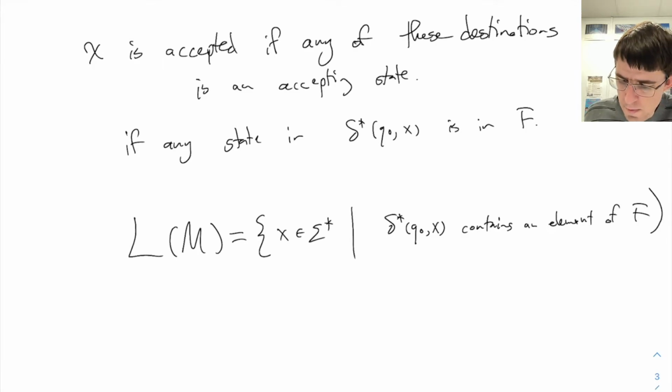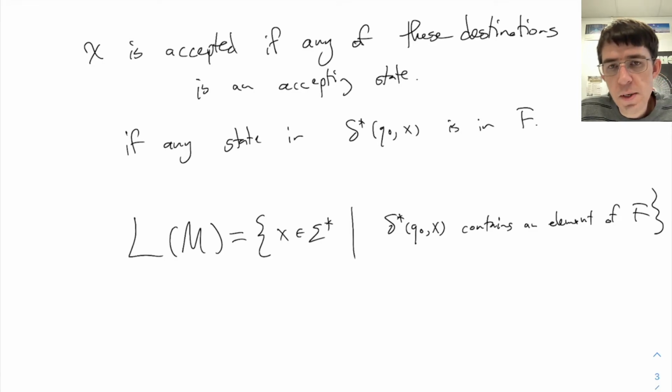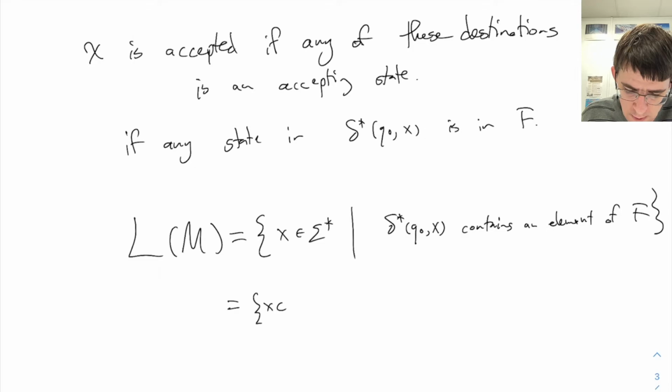To say it's accepted means when you look at that delta star set, which tells you all the possible destinations, if one of those is accepting, then X is accepted. I hope that makes sense in words. There's a fancier way to write this if you want to look fancy in front of your friends. In front of your friends and their moms.